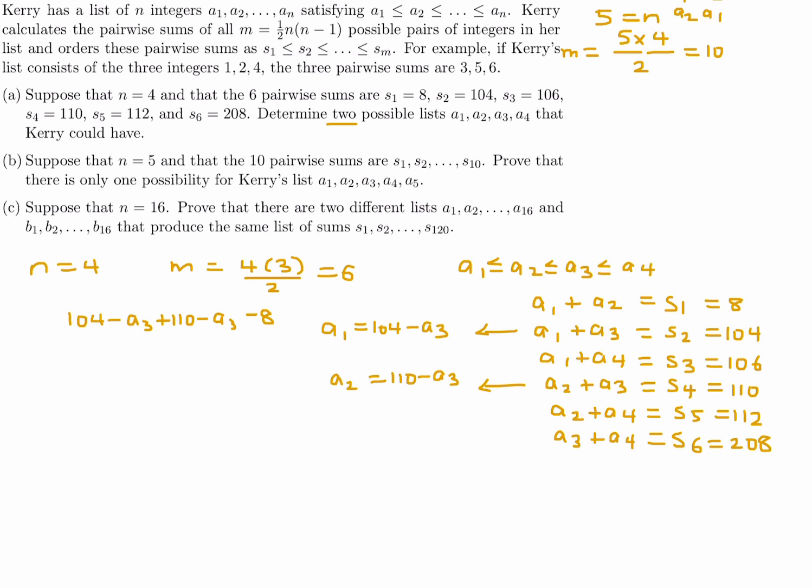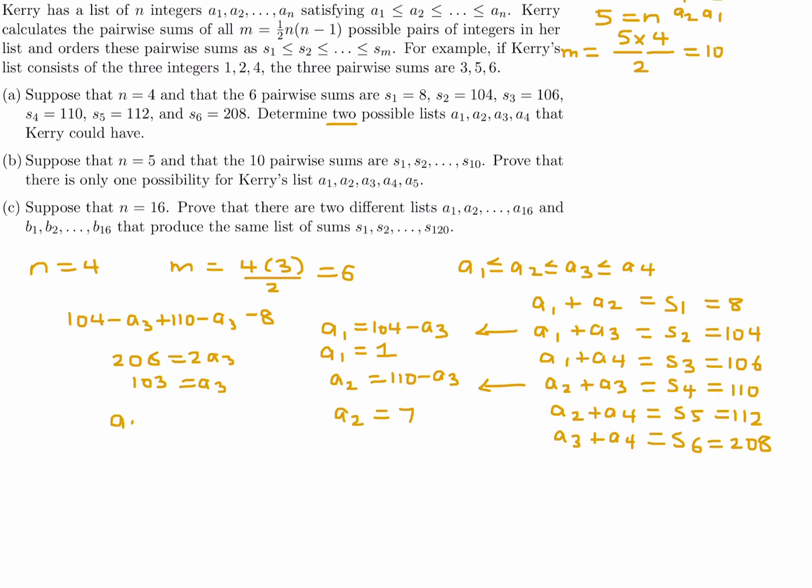That gives me 214 minus 8, which is 206, equal to 2a3. So a3 is equal to 103. Great. Then a1 is 104 minus 103, which is just 1. a2 is 110 minus 103, which is 7.